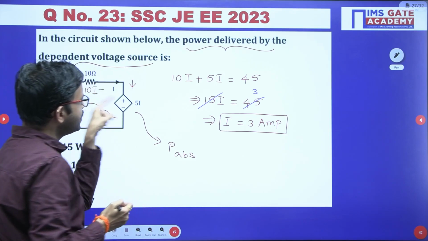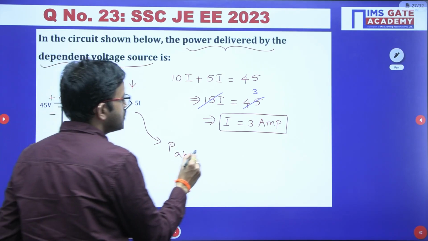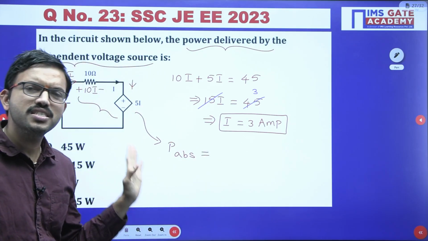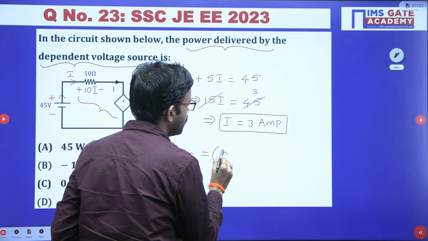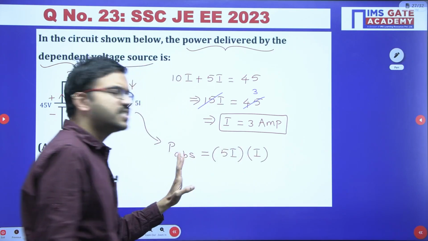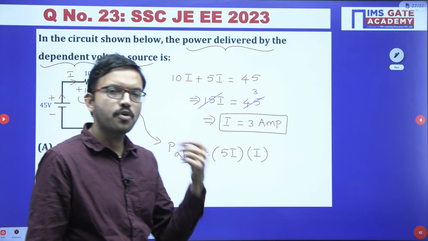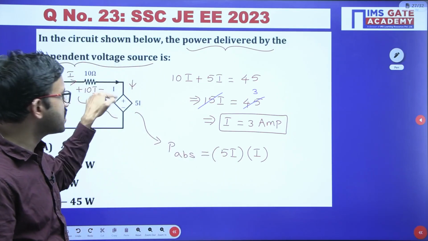In this context, this particular source is absorbing the power. So power absorbed is the product of voltage and current. Here the voltage is 5I and the entering current is I. Whether that power is positive, absorbing or delivering, you decide based on the sign convention.